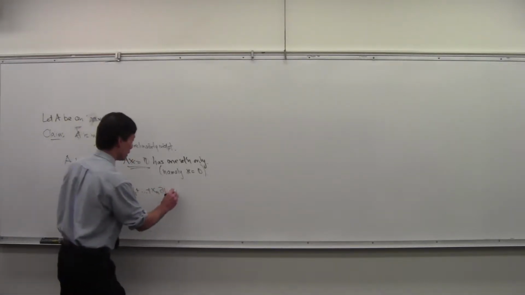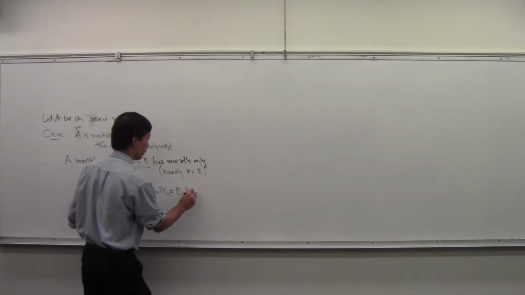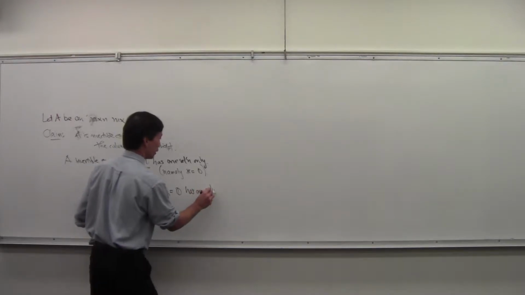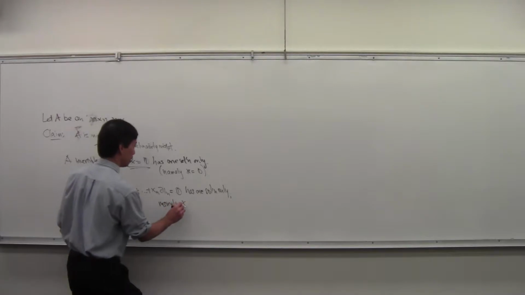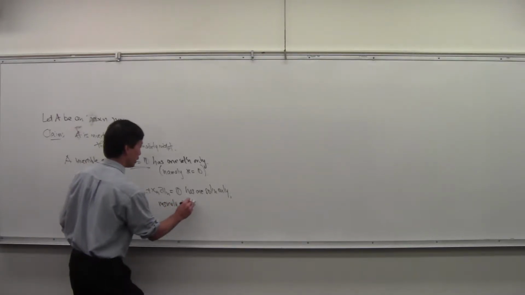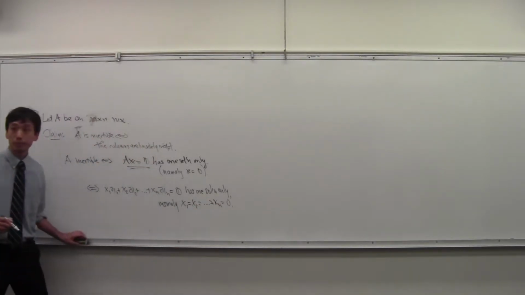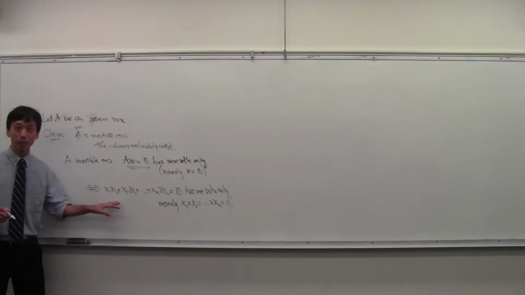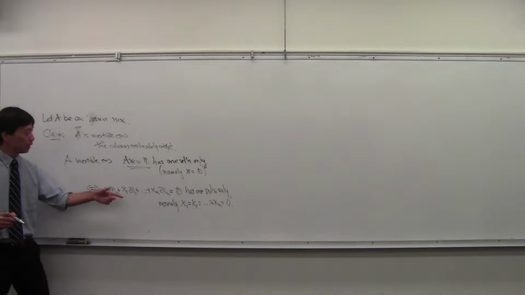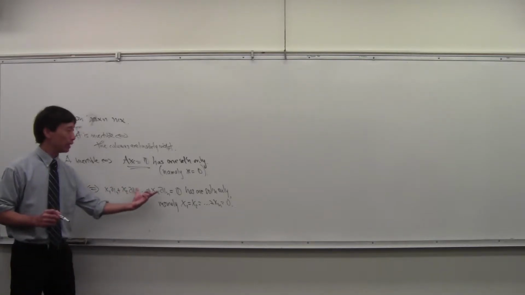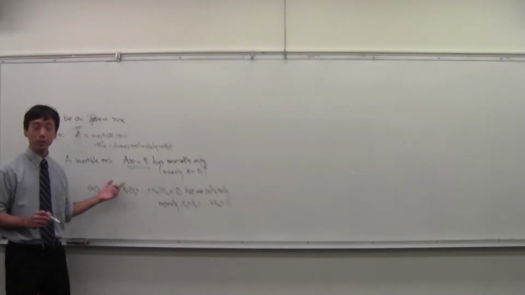So this is the same thing as saying that this has one solution only, namely take all the xi's to be 0. But that's linear independence. Linear independence is: is there only one way to get the zero vector? And this is saying, yeah, there's only one way to get the zero vector. So it's exactly the same thing.